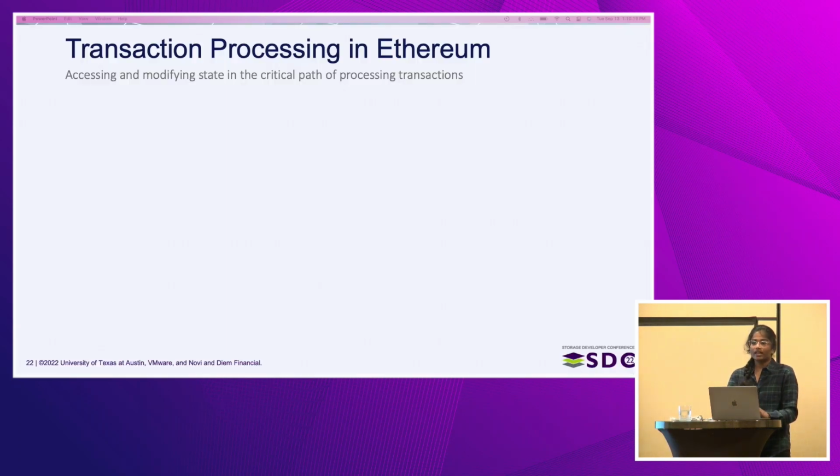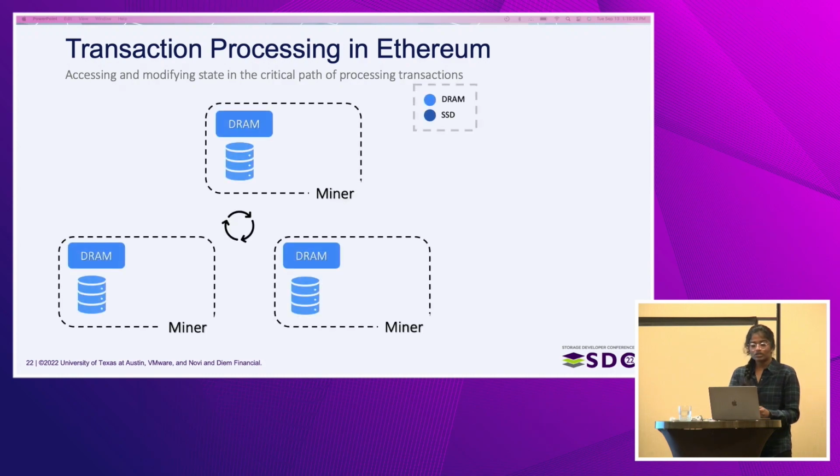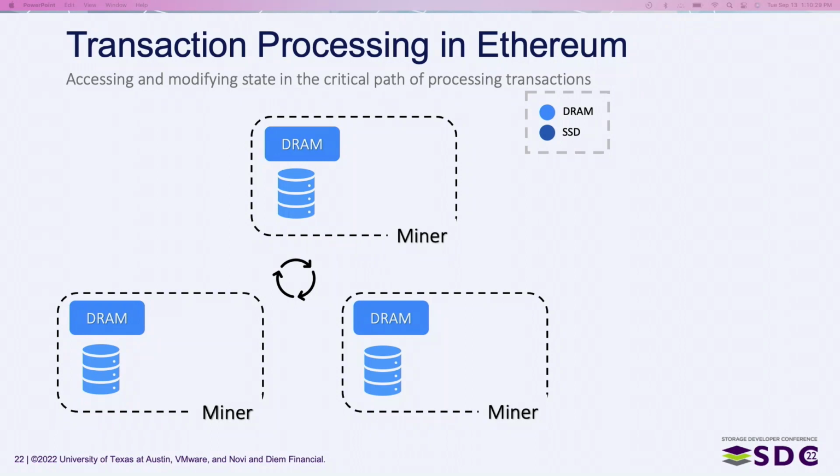Before we dive into the details of RainBlock, let's look at how transactions are processed today in Ethereum. Ethereum miners store the system state locally on disk. To execute a user transaction, a miner first reads the necessary data from the SSD into DRAM. It then executes the transaction and modifies the data accordingly.